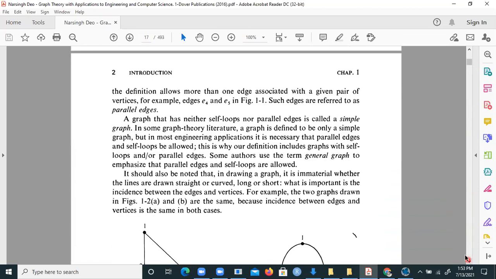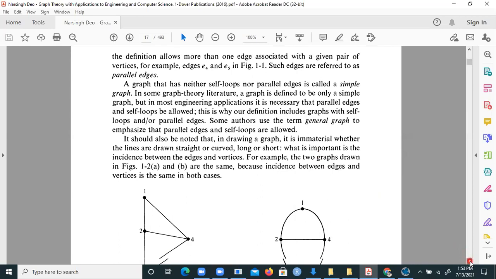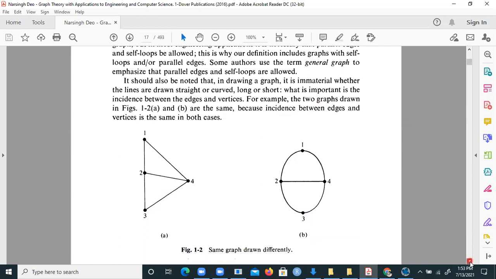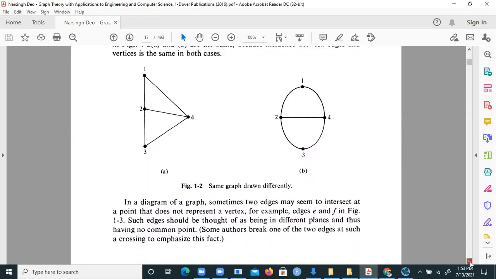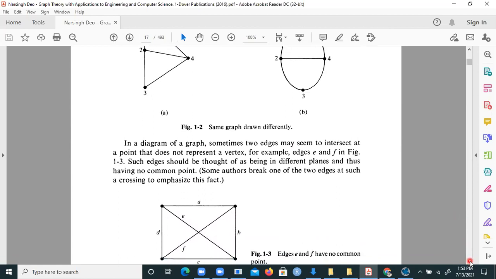A graph that has neither self loops nor parallel edges is called a simple graph. Otherwise, if in the graph the self loops and parallel edges are present, such a graph is called a general graph. Okay, so I'm skipping these definitions and these examples. You have the book with you. You can go through these examples very well.